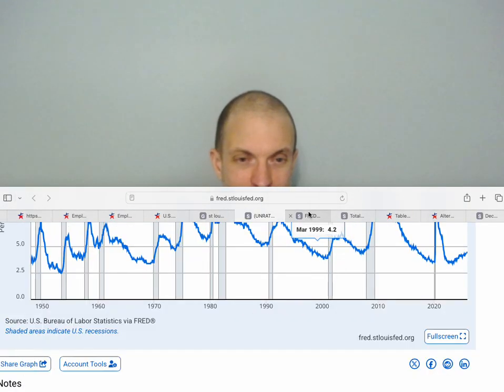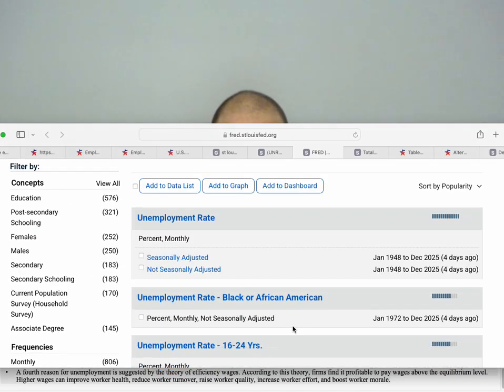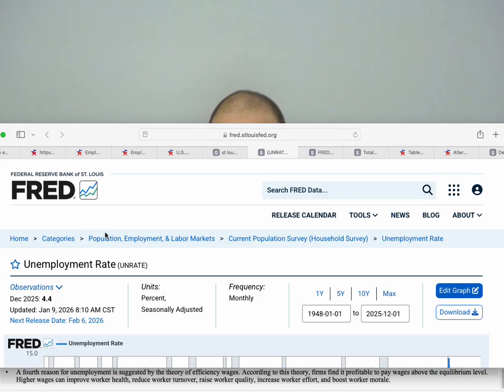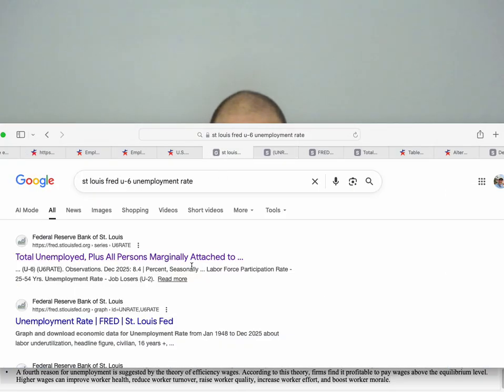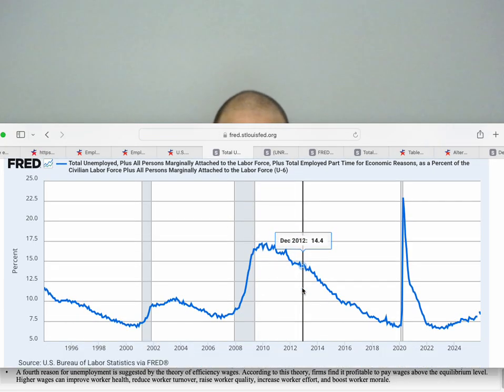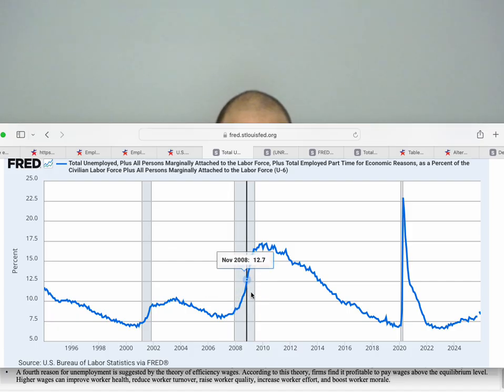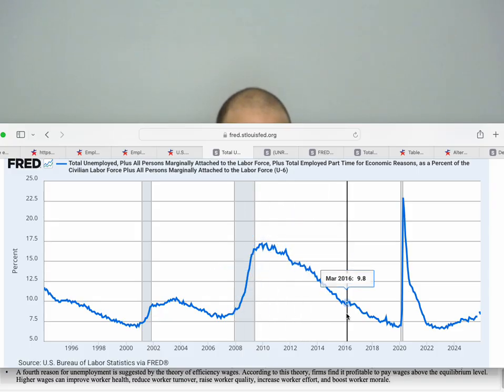But anyway, let's look at that in conjunction with the U6 unemployment rate, which I missed here. Yeah, I was looking for the U6 unemployment rate. U6 in November 2007 was 8.5. It rose up to 17.1% in October 2009. This is U6, a really coarse measure of unemployment. When did it fall back down to 8.5?